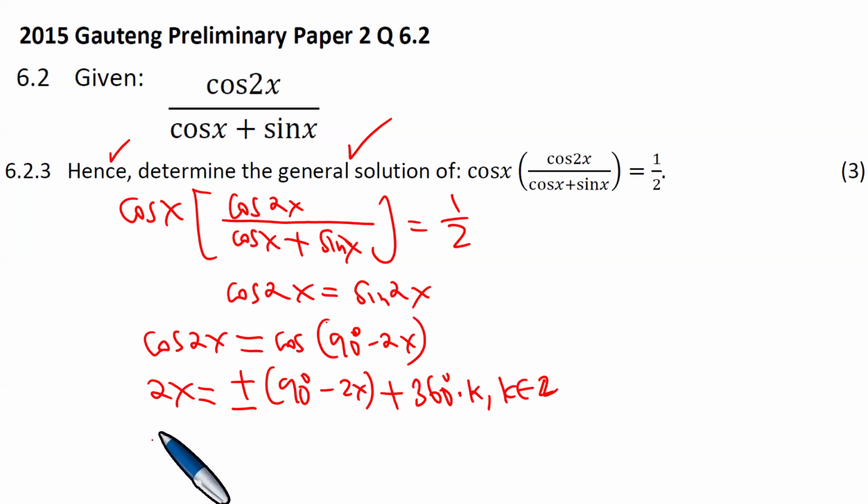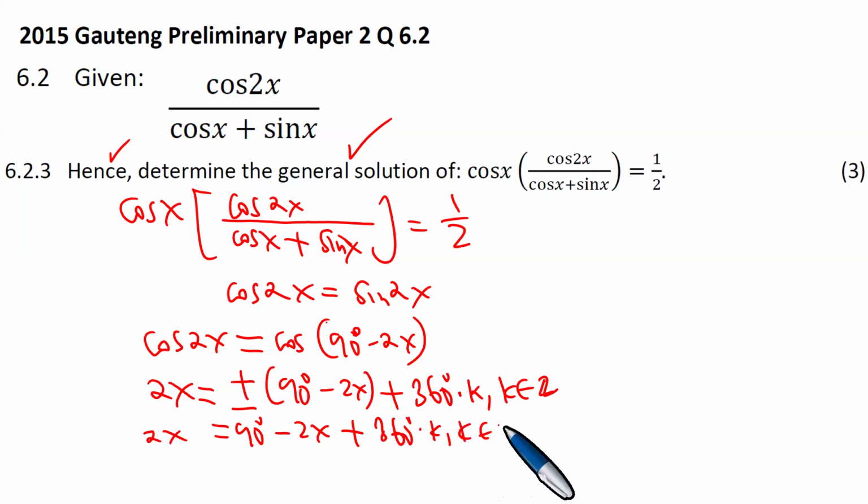At this point, you can write 2x is 90 degrees minus 2x plus 360 degrees times k, k in Z. Now, we can deal with this one.